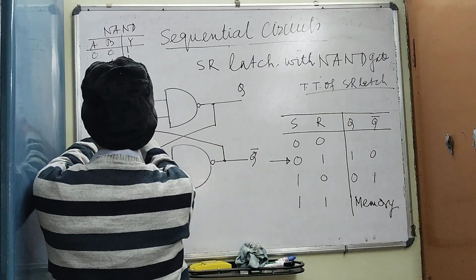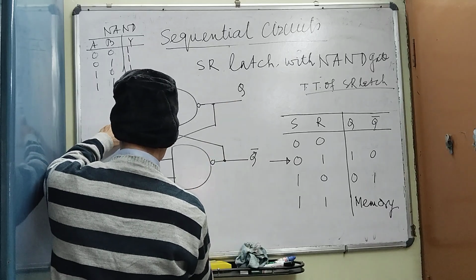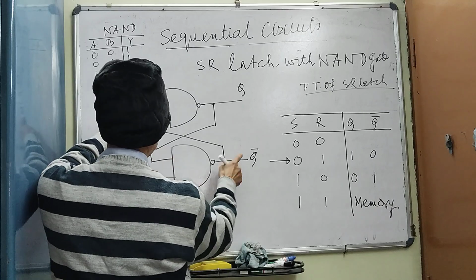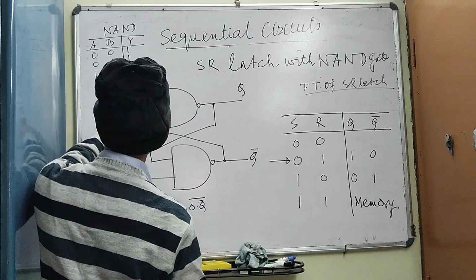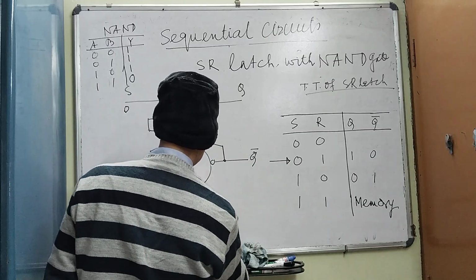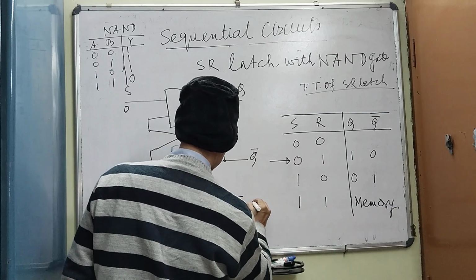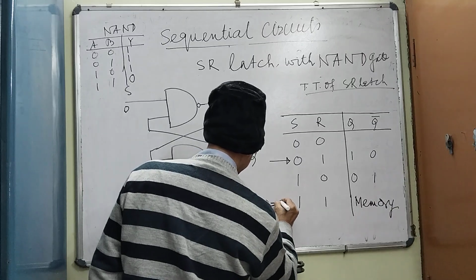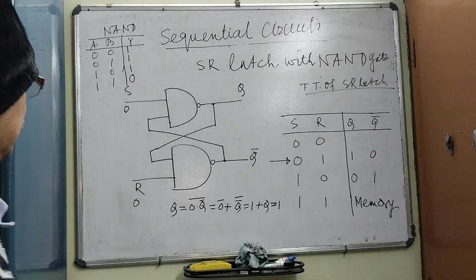Here we check that in case of Q, this is 0 dot Q bar, the whole bar. So 0 bar plus Q bar, that is 1 plus Q bar, that is equal to 1.